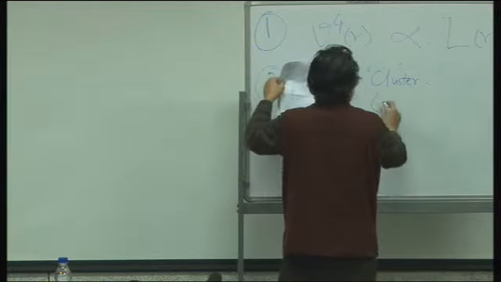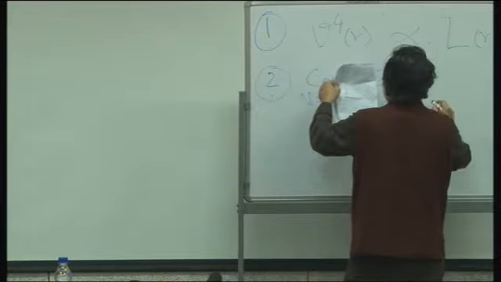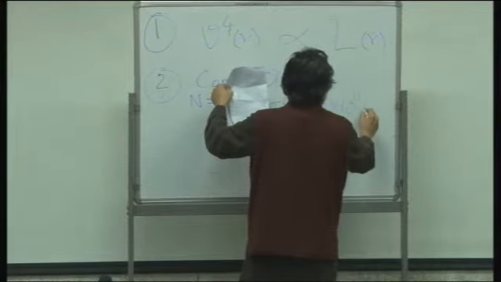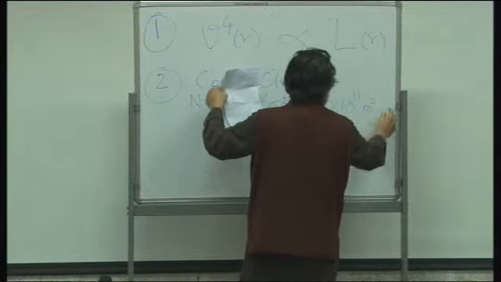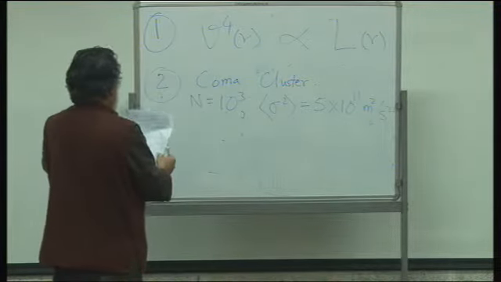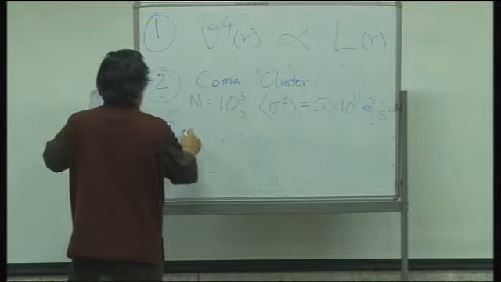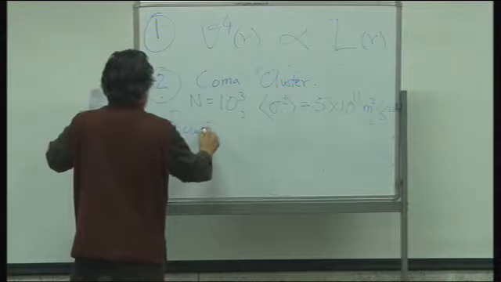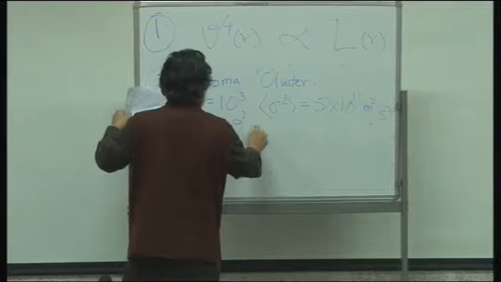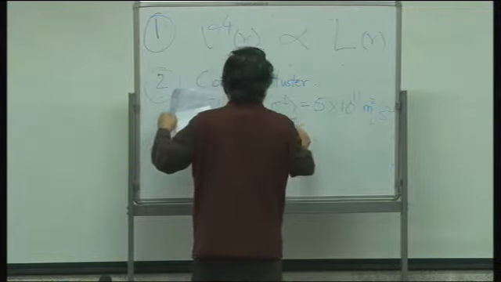The average sigma square, you can take it to be 5 times 10 raised to power 11 meters square per second square. The size of the cluster, R, is 1.9 times 10 raised to power 22 meters.